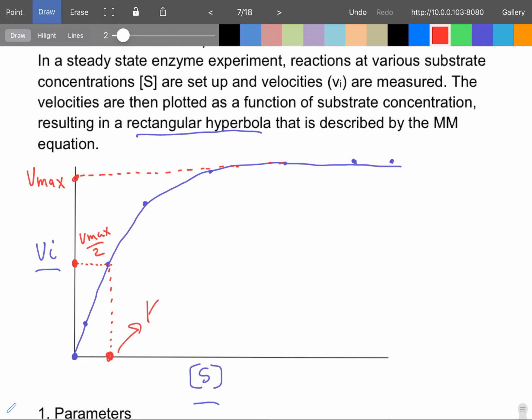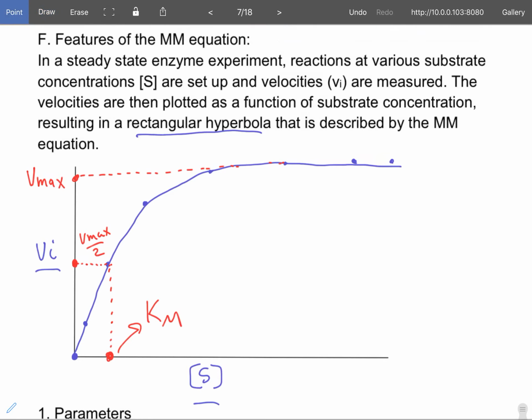This is the value known as Km, that collection of rate constants that we saw during the derivation. So the whole point of steady state kinetics at its core is that we're going to carry out a reaction at various substrate concentrations, measure the velocity, and from this plot we will be able to extract the Vmax and then the Km that will tell us various things about the enzyme.